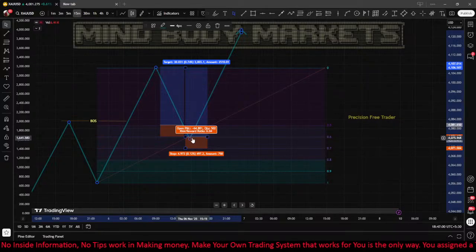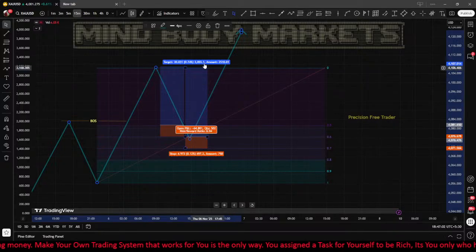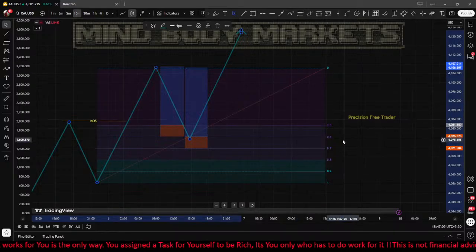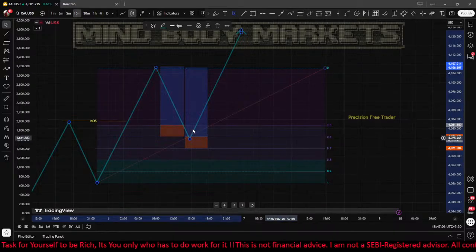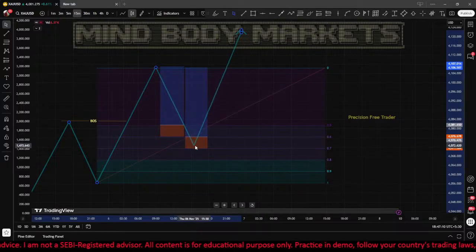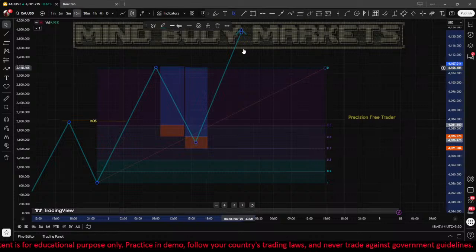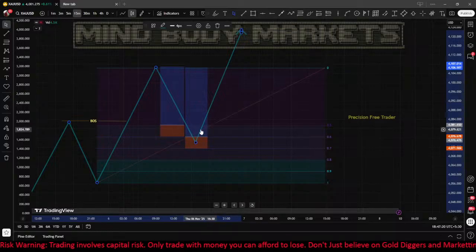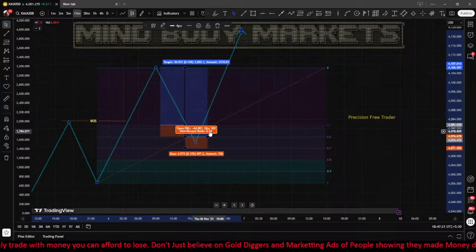Now, as soon as this trade is triggered, your stop loss and take profit are already fixed. So you don't need to worry, everything is calculated. If this hits, then price can move anywhere here and then take the top. Once the top is broken, this target is achieved with a risk to reward of 1:6.